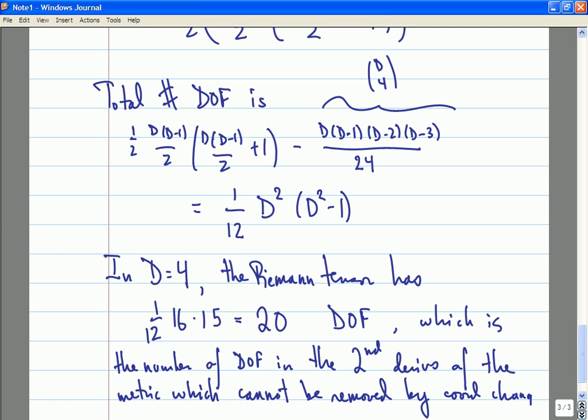So the second derivative of the metric, as you remember, had 100 degrees of freedom, but there were 80 possible coordinate transformations that one could do at that order, leaving you with 20 degrees of freedom. And what we see now is that the Riemann tensor contains all of the information in those 20 degrees of freedom.